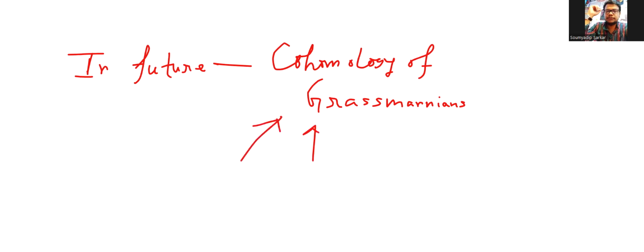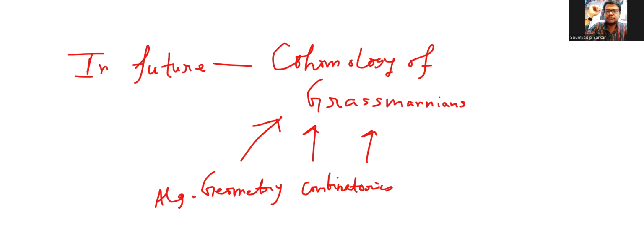Geometry, combinatorics, representation theory. By geometry, I mean mostly algebraic geometry. So the cohomology of Grassmannians is a platform where all these three things interplay with each other: geometry, combinatorics, representation theory, and many other things.